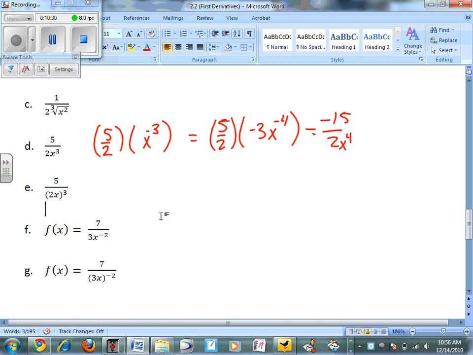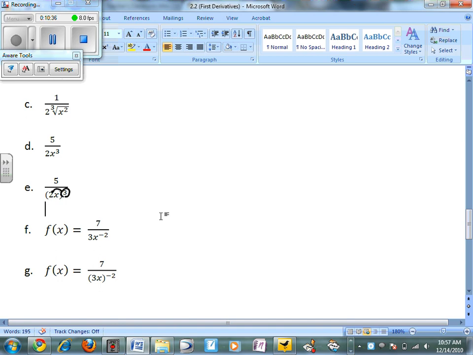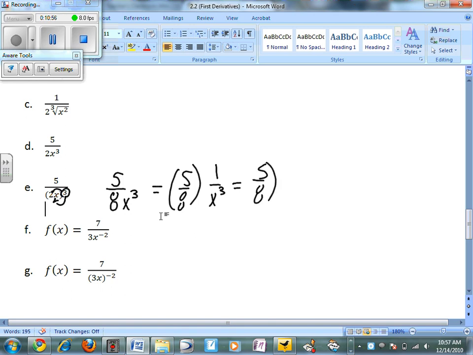For e, with parentheses here, we have to do the parentheses first. So actually, we have to cube both of these. To rewrite this, we had 5/8 x cubed. Well, to take the derivative, we need to take 5/8 times the derivative of 1 over x cubed, which is 5/8 times x to the negative 3.